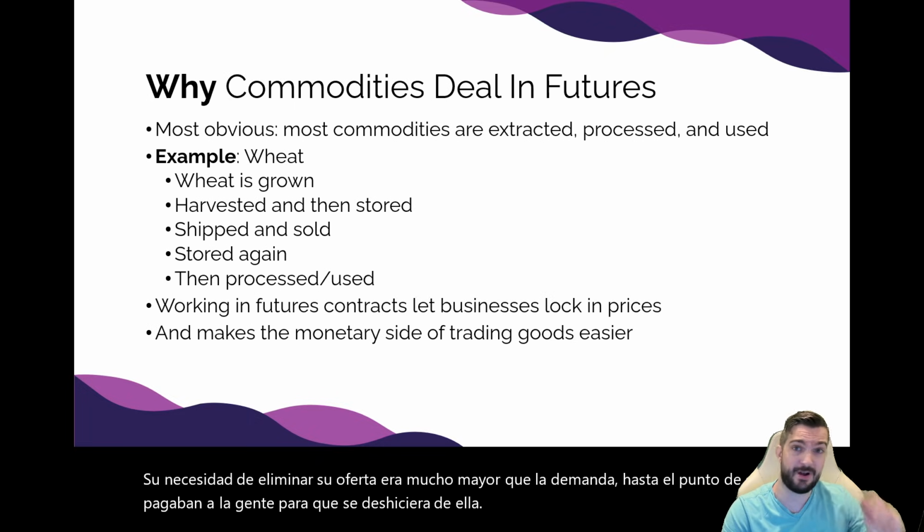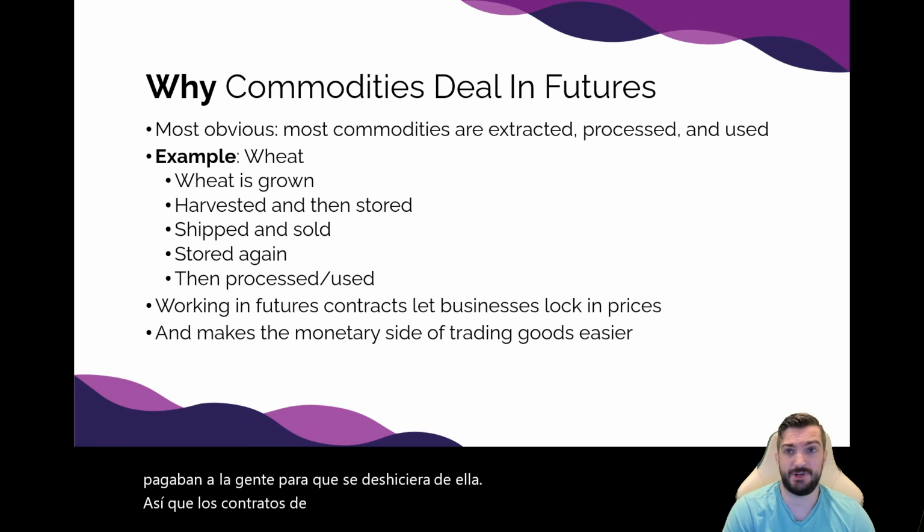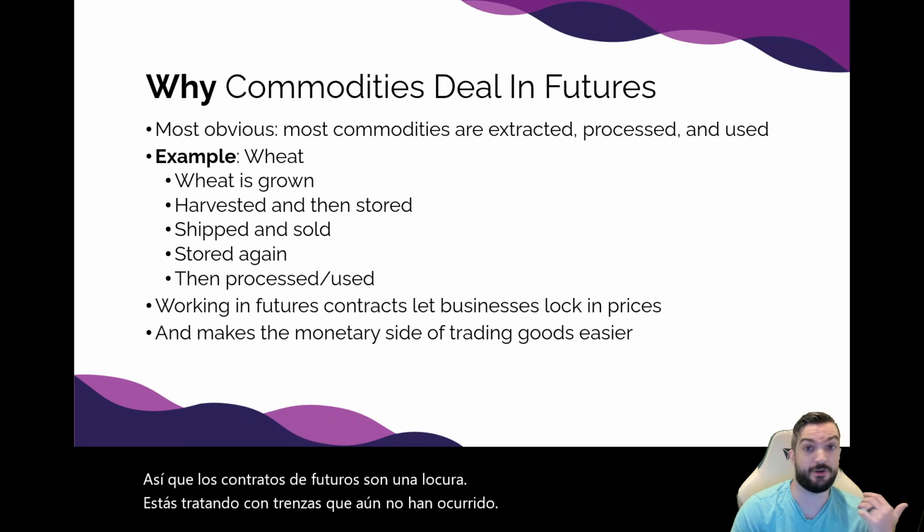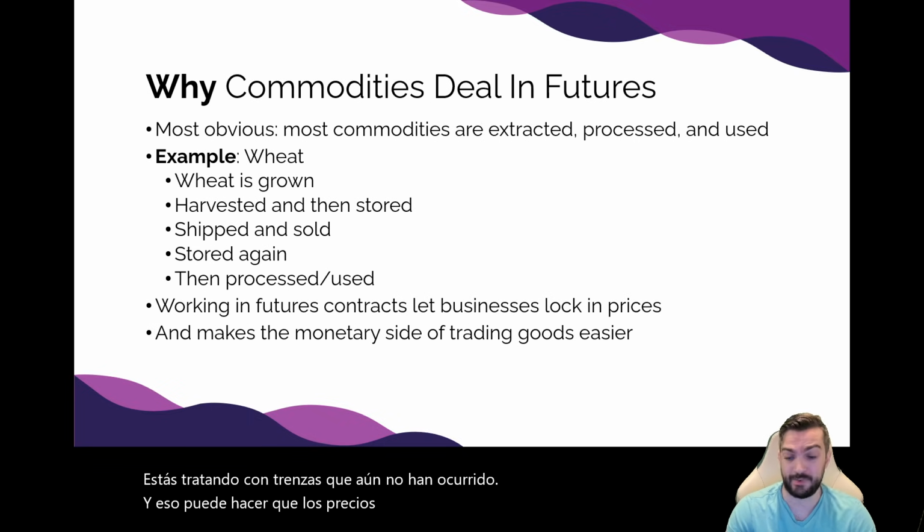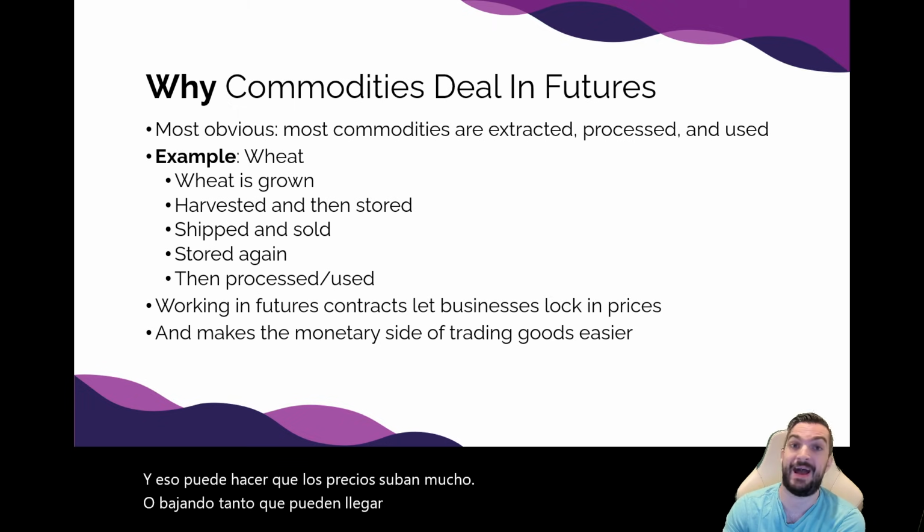So futures contracts are crazy. You're dealing in trades that have not happened yet, and that can lead to prices going up a lot or going down so far that they can become negative, depending on how quickly or how much someone needs to buy or sell what they have.